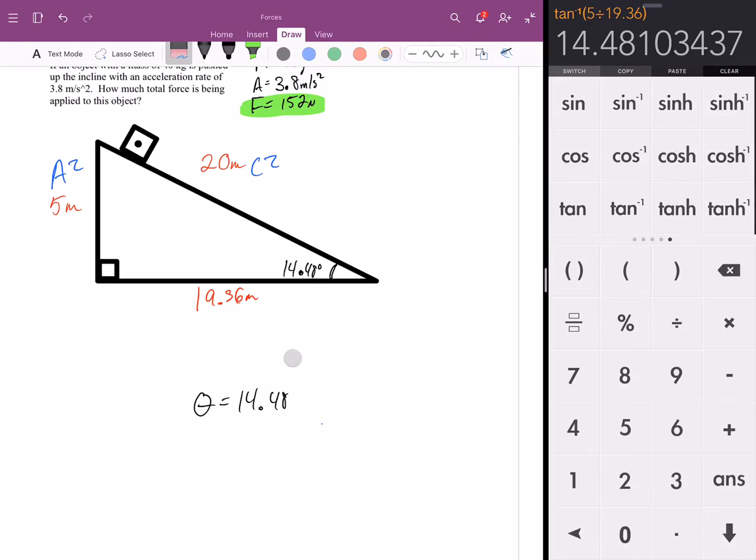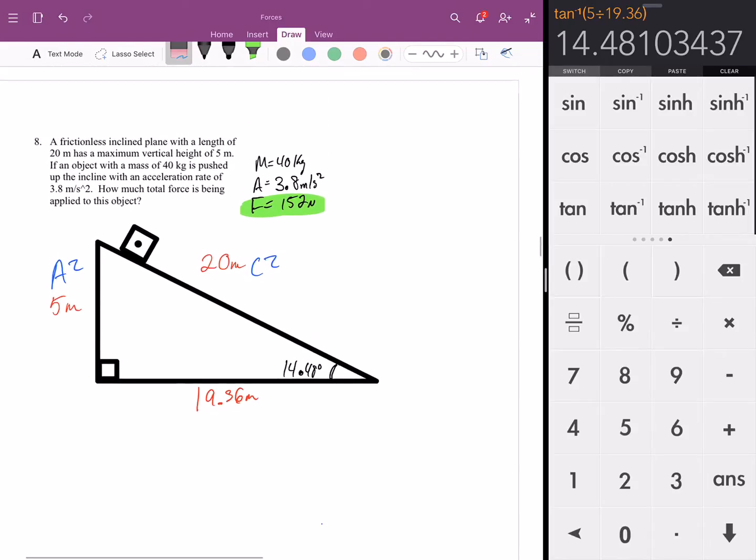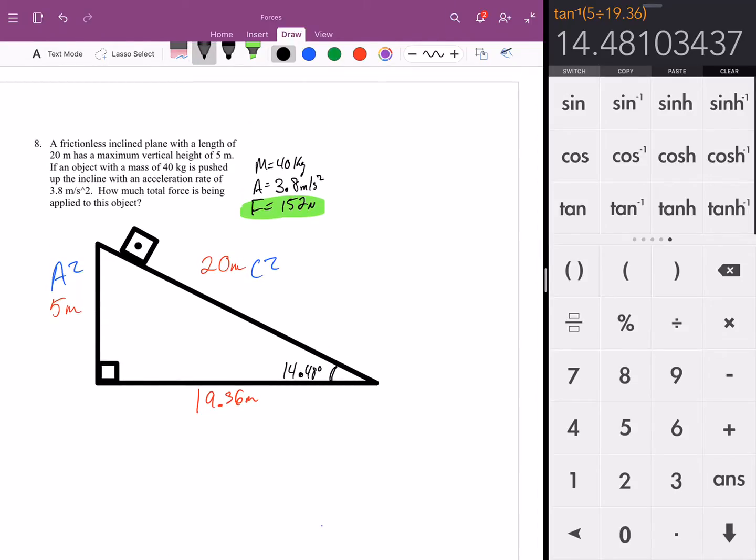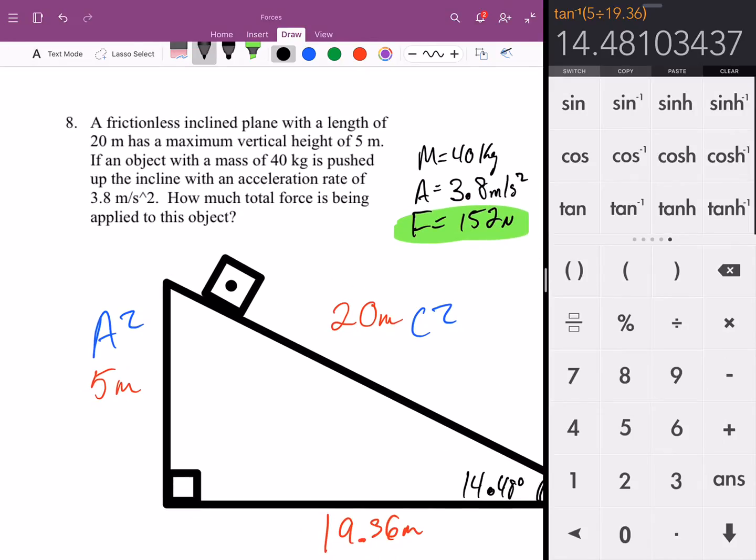And go ahead and erase this. Now focusing back on the diagram, you have all the information of the incline. Now you're given the mass of the object, so you can find weight.